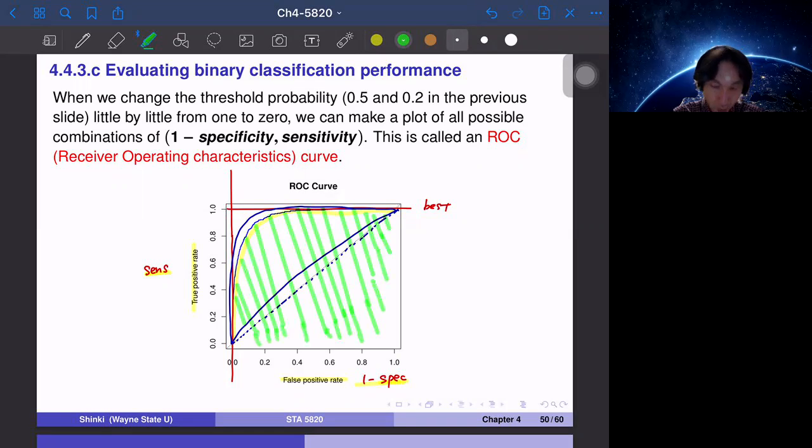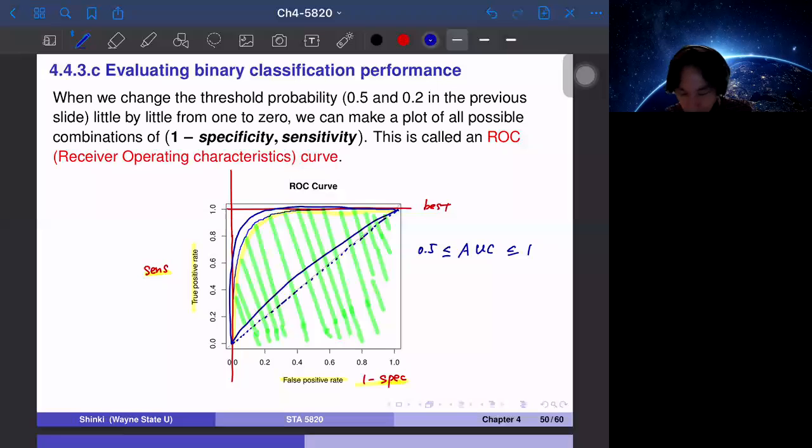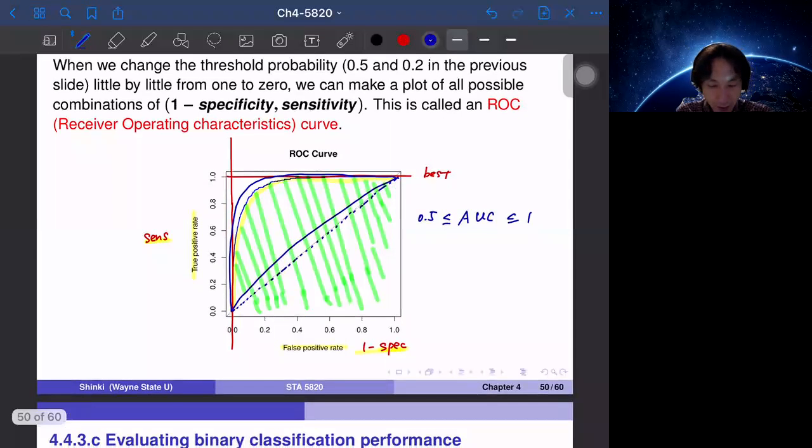And this area is always between 0.5 and 1. This is called the area under the curve, to be exact, the area under the ROC curve. ROC stands for receiver operating characteristic.